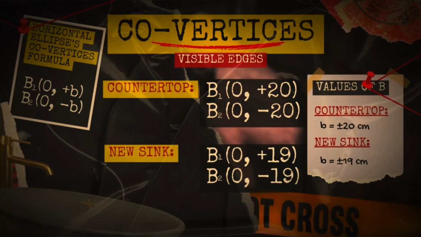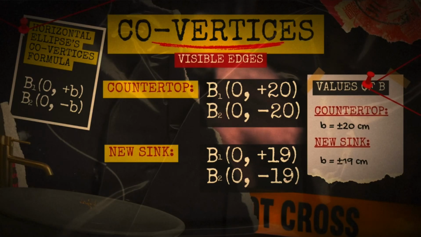For the countertop, our co-vertex 1 will be 0 and positive 20, and our co-vertex 2 will be 0 and negative 20, since our value of b for the countertop is positive-negative 20. For the new sink, since we have the value of b of positive-negative 19, we will substitute it into the y, or the k, position of the ordered pair. So our co-vertex 1 will be 0 and positive 19, and our co-vertex 2 will be 0 and negative 19.